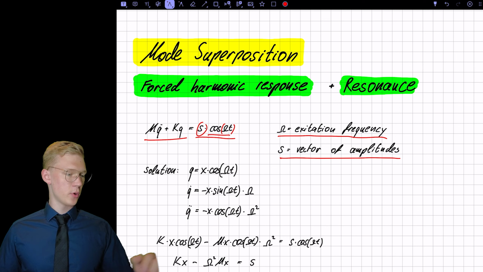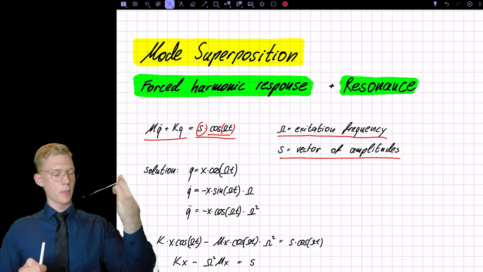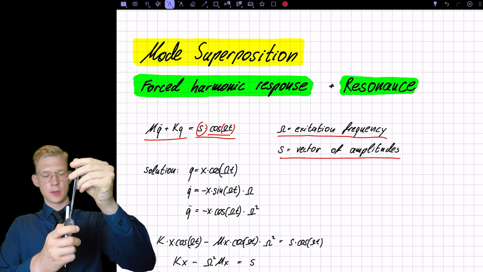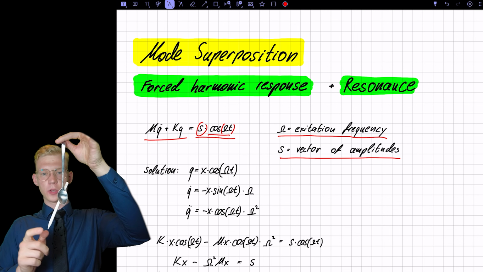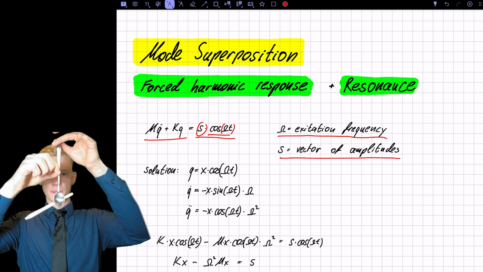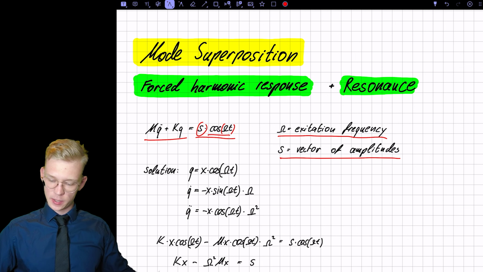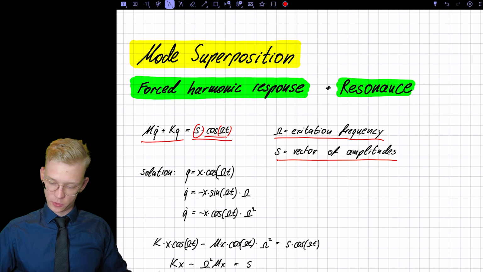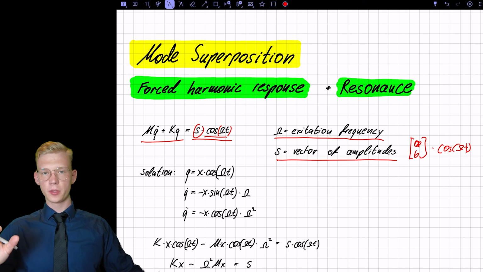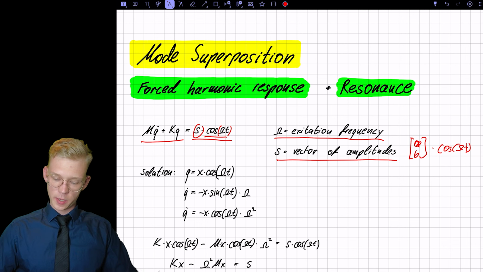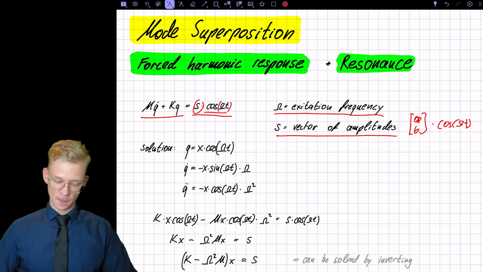For example, if you have a system that has 2 degrees of freedom, we will have a vector that will have 2 amplitudes, say A and B, times cosine omega t. So we're exciting both degrees of freedom with one excitation frequency.